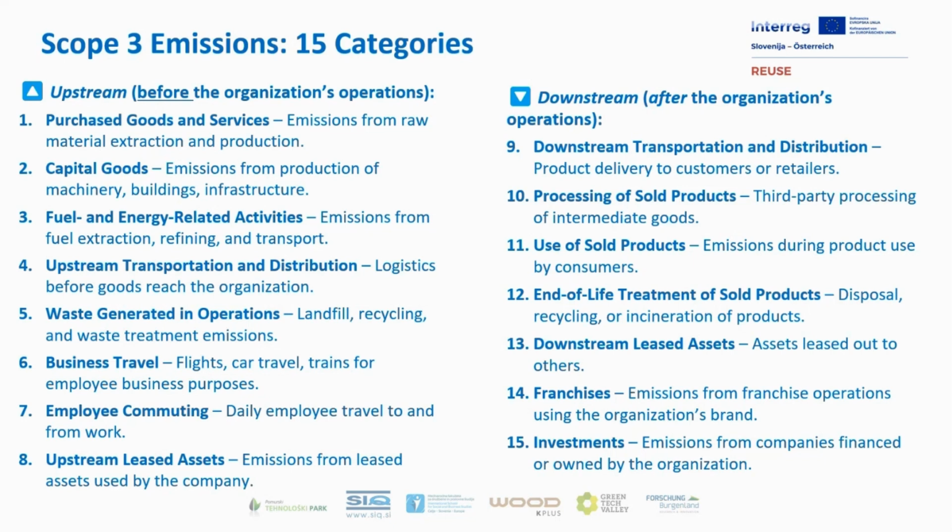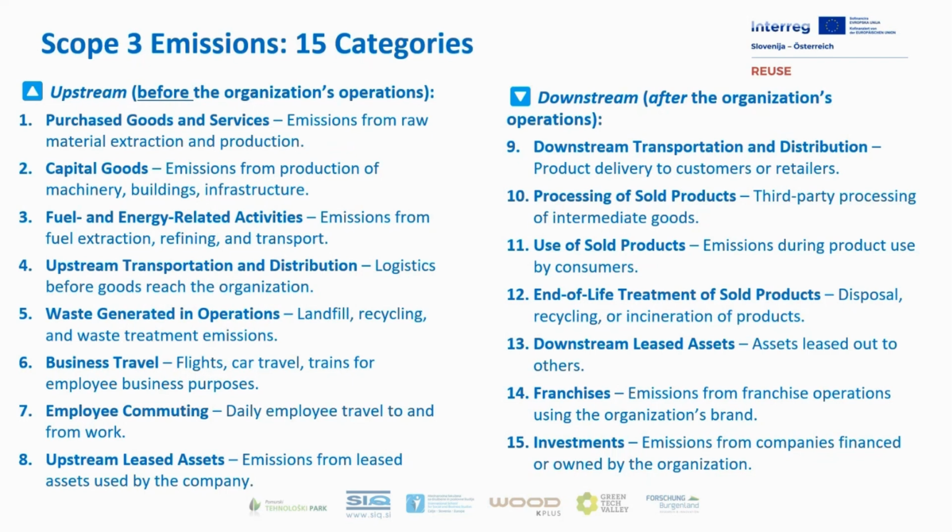These are emissions that come from producing the goods and services the company purchases, for example, emissions from raw material extraction and processing. Category 2, capital goods. These are emissions from producing long-term assets like machinery or buildings. For instance, CO2 emitted during the production of industrial equipment.